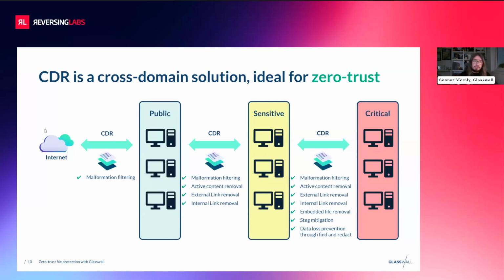But Glasswall CDR doesn't do that. Instead, we reconstruct it in its original file context and don't perform any flattening whatsoever. So instead of relying on a translation to a simplified file format, we perform the CDR in the original file context that the original file was in. We don't perform any translation, we just do it in the format that it was to begin with.